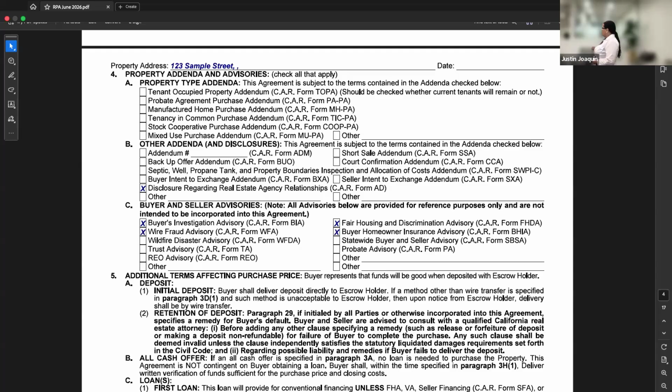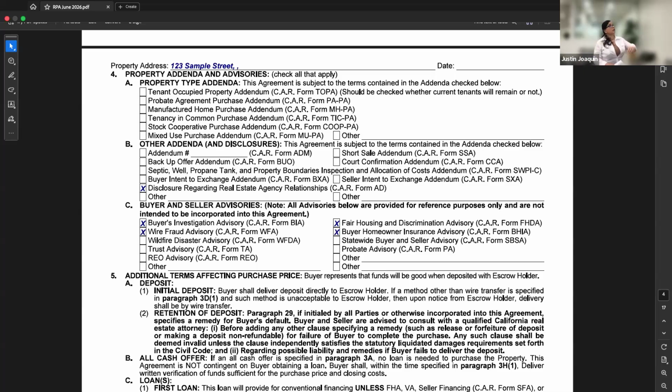Tell me if anyone's seen this before, either on a counter offer or an addendum: Buyer agrees earnest money deposit is non-refundable after 5 days, after 10 days, or Seller to retain deposit if. So that's retention of deposit. There's a big warning sign on those.